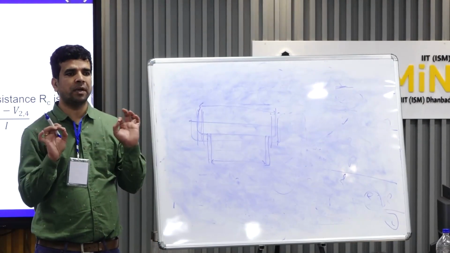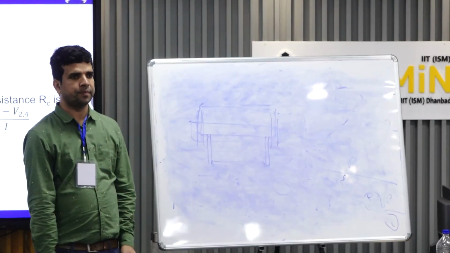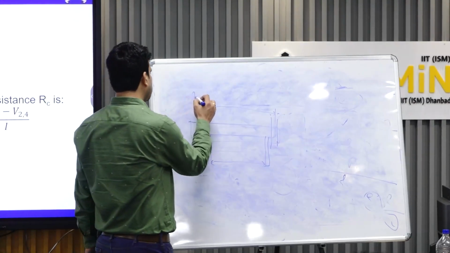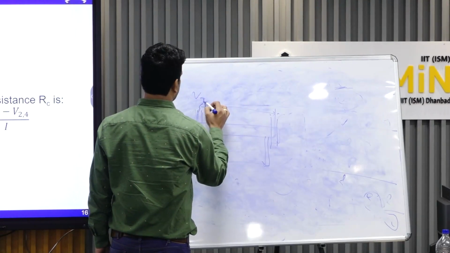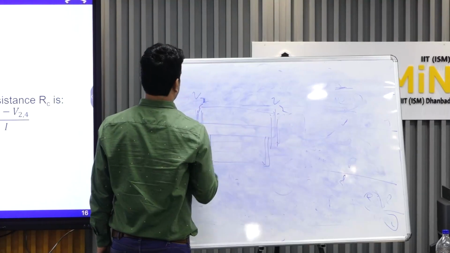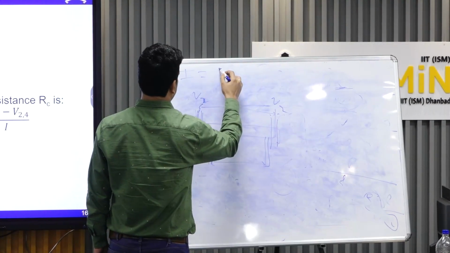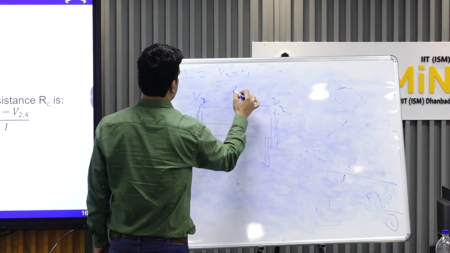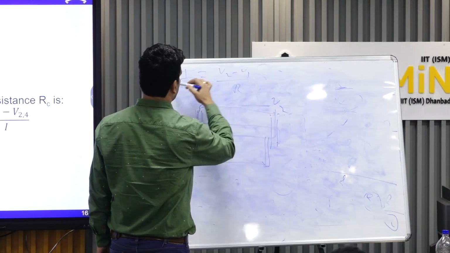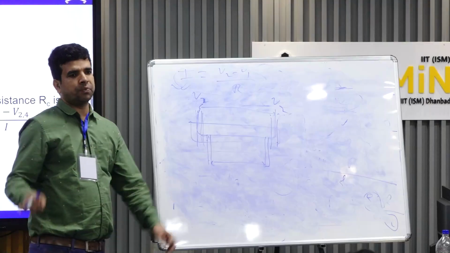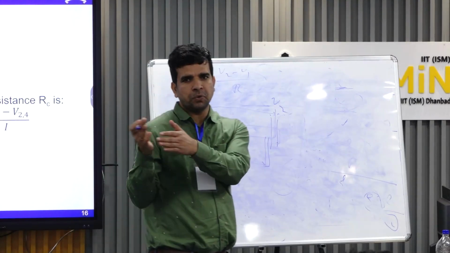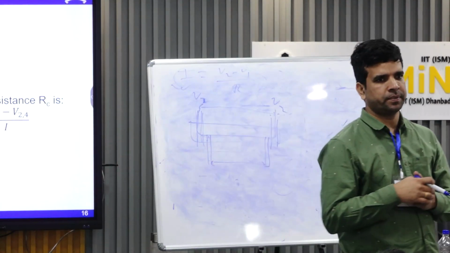Say we apply V2 here and V1 here, and the total I is known, because the instrument gives you a reading of how much current you have forced.